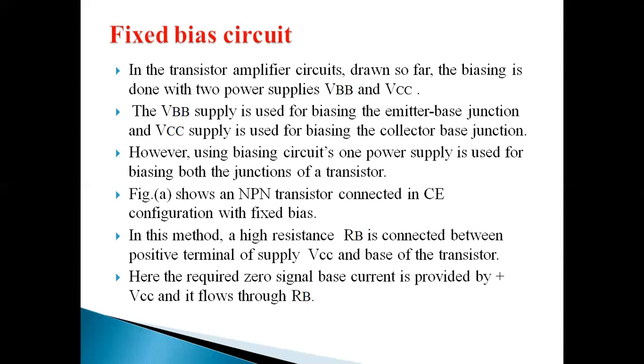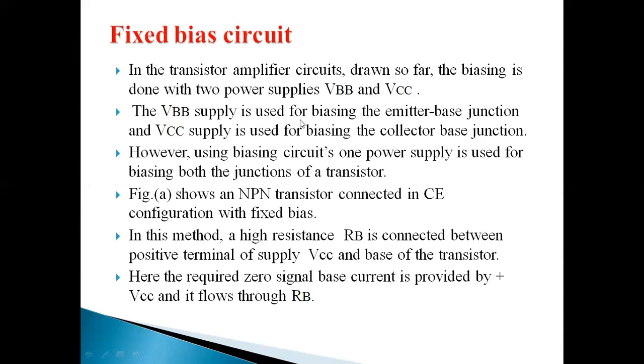In the transistor amplifier circuits drawn so far, the biasing is done with two separate supplies, that is VBB and VCC. VBB is generally used in the input region of the transistor, and VCC is used for biasing the external circuit of the transistor.